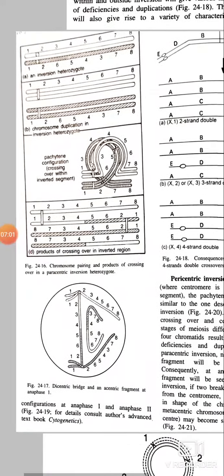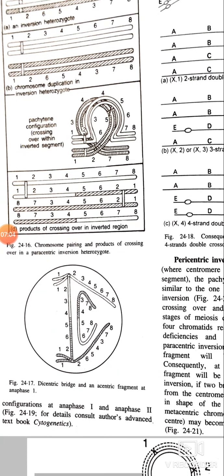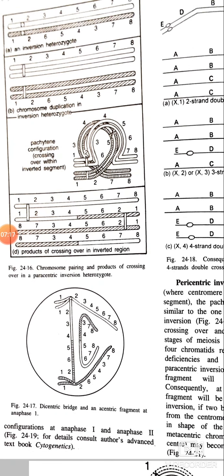Here are the diagrams. In the first diagram, chromosome pairing and products of crossing over in a paracentric inversion heterozygote. We will see first at position A the inversion heterozygotes, and the pairing configuration with crossing over within inverted segments.